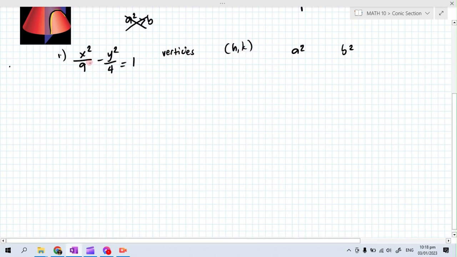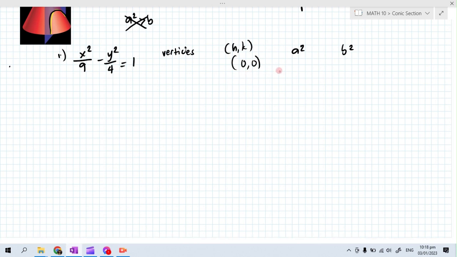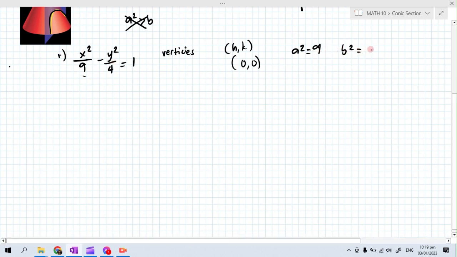Obviously we don't have values for h and k, so the asymptotes intersect at the origin. Our a squared is 9 and b squared is 4, so a is 3 and b is 2.